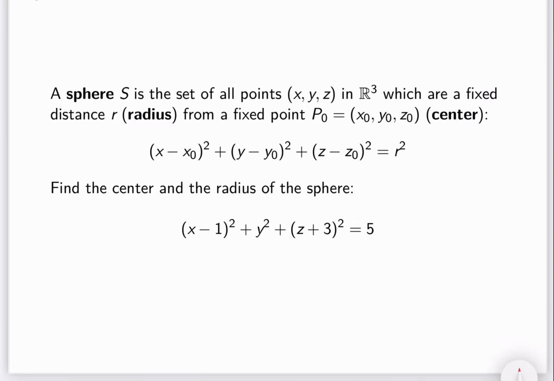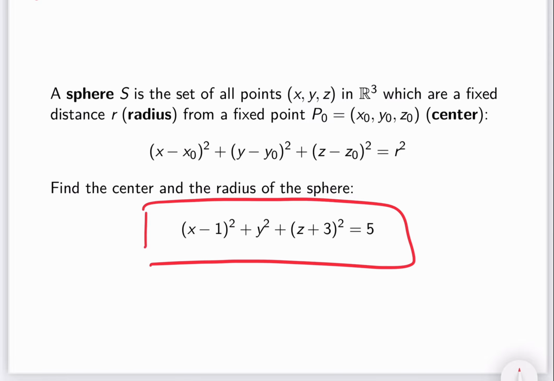Let's consider, for instance, this particular equation. So this is an equation of a sphere since it's of the form given before. Let's calculate in this sphere what is the radius, what is the fixed distance, and what is the center of this sphere. First, the center of the sphere, the point P0, is going to be what is subtracted from the variables x, y, and z.